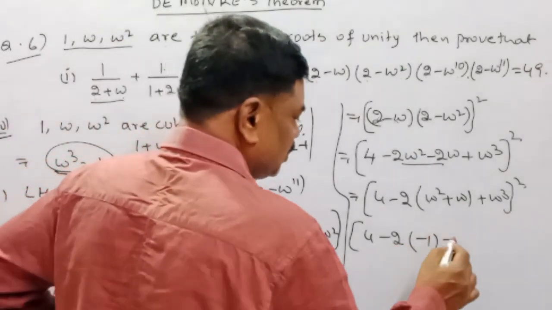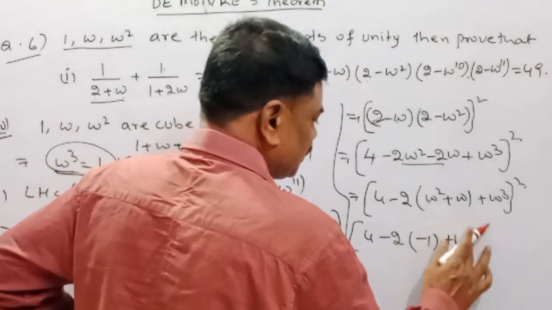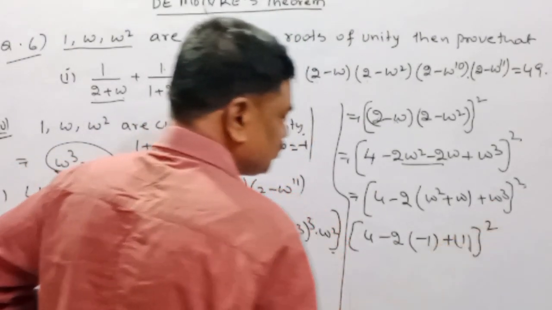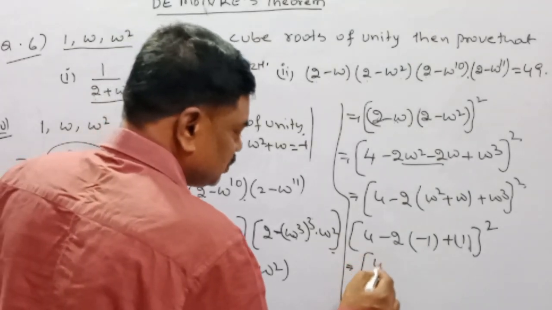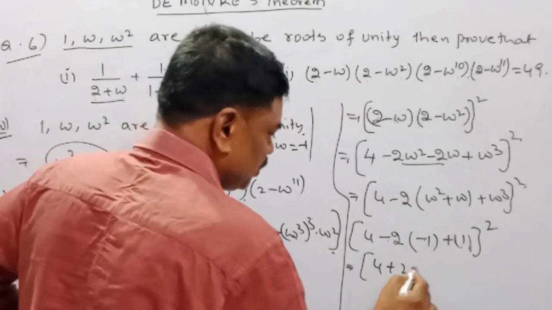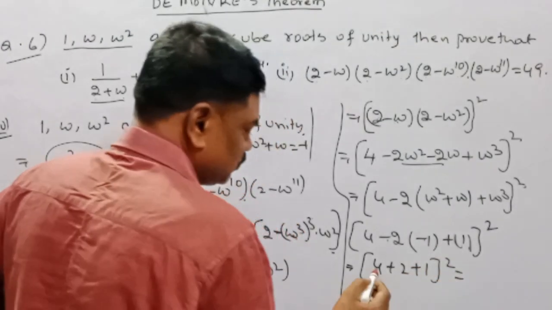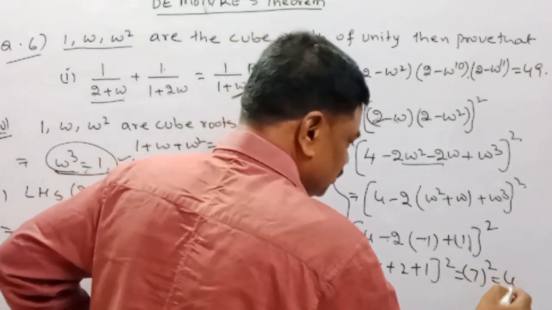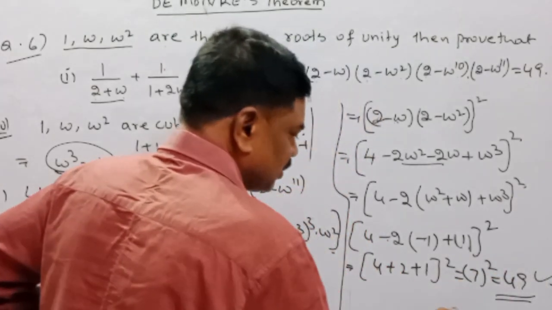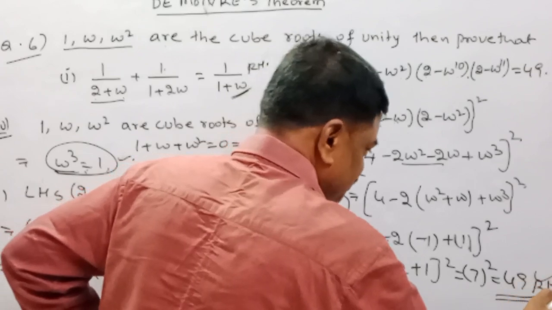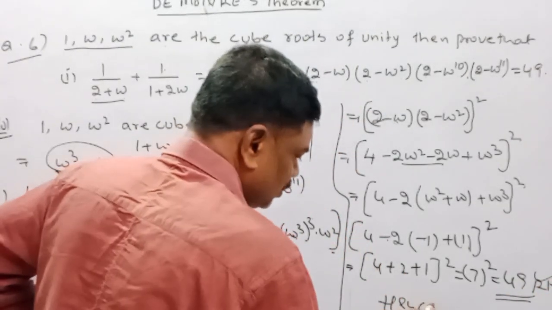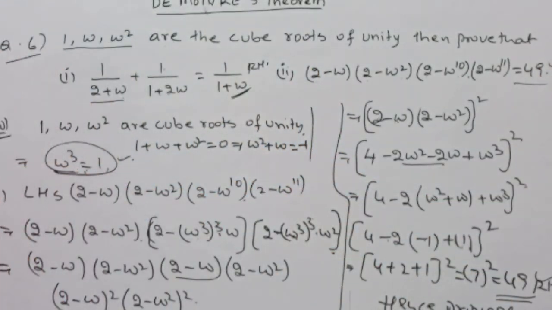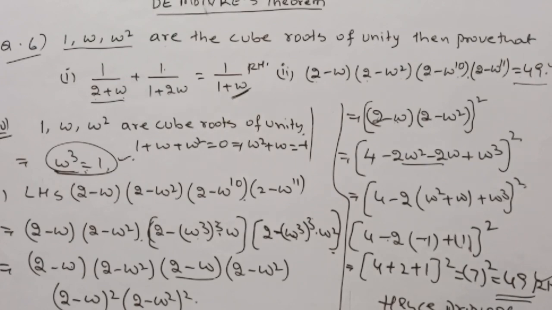This is minus 1, plus 1, since omega cube is equal to 1, we know that. So whole square: [4 minus 2 times (minus 1) plus 1] whole square. 4 plus 2 is 6, plus 1 is 7. 7 square is equal to 49, which is the answer. This is the RHS. Hence proved. Okay, all of you. So 49 is the answer. Thank you.